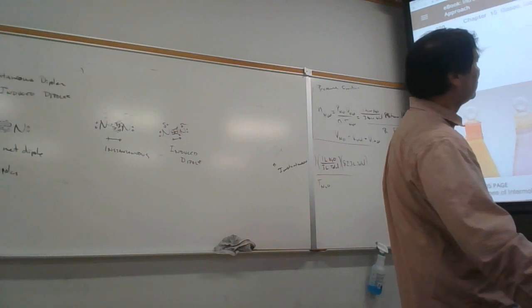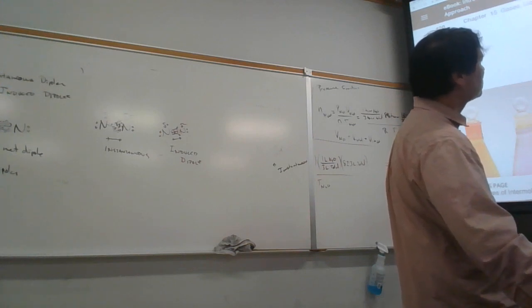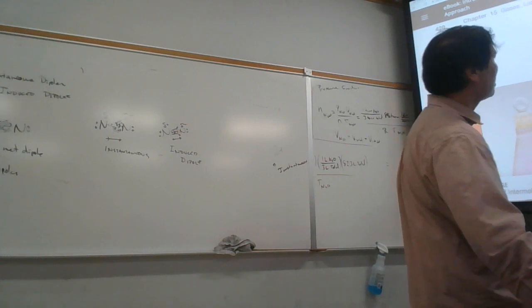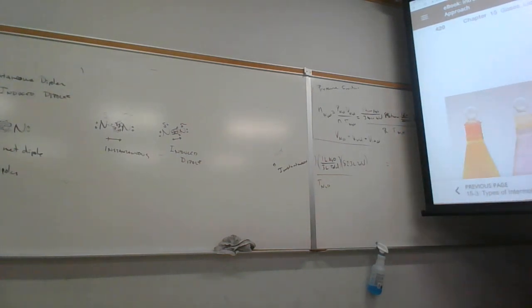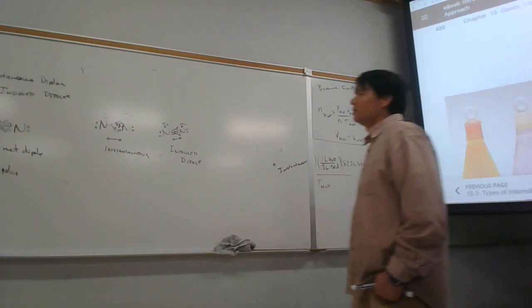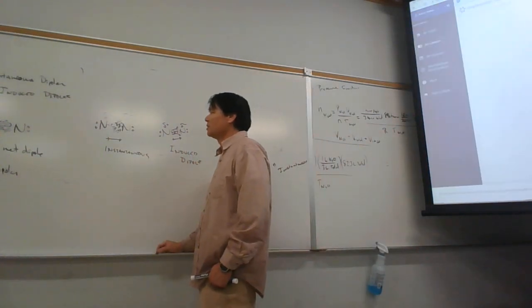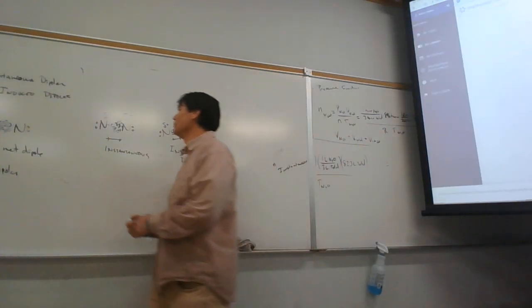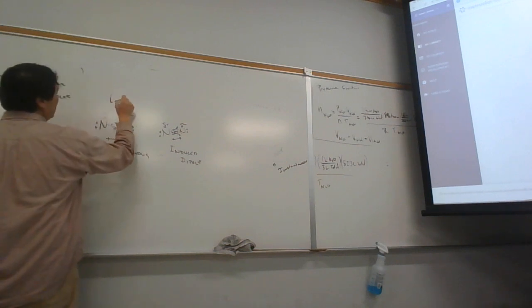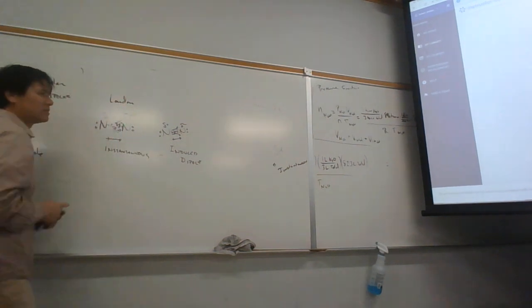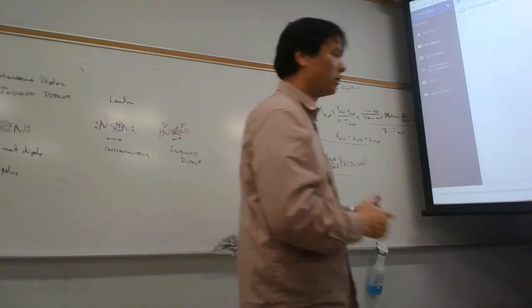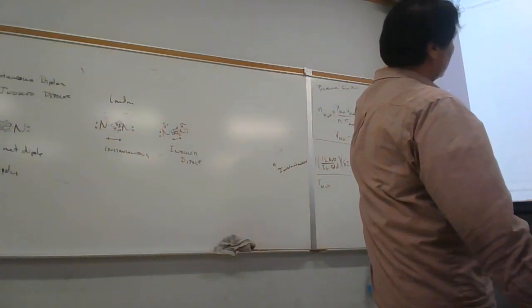But if we have an instantaneous dipole set up in this atom, that's going to induce a dipole in the adjacent atom. This doesn't last very long. It happens in one instant of time, and it's gone in one instant of time. But it's present enough that this becomes a significant attraction. So instantaneous induced dipoles are significant. And that means that gaseous nitrogen will actually stick to each other via these instantaneous induced dipoles.